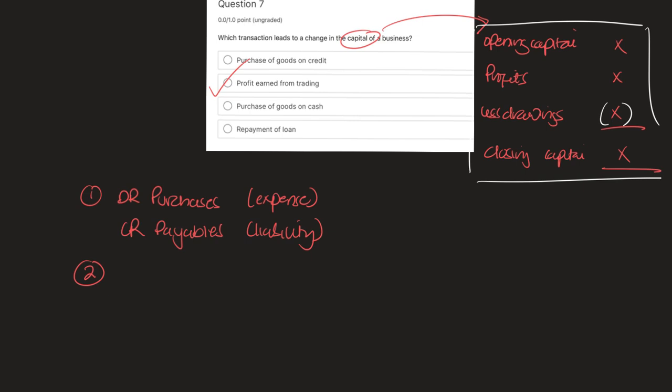Because when profits are made by a business, what that is suggesting is that sales are greater than the expenses, okay? And sales are typically on the credit side, expenses would be on the debits, implying that our credits exceed our debits, okay? This means that profits will sit on the credit side initially, okay? But when they are transferred to the capital account, what we're doing is we're removing it from the credit because profits imply that credits are higher, okay?